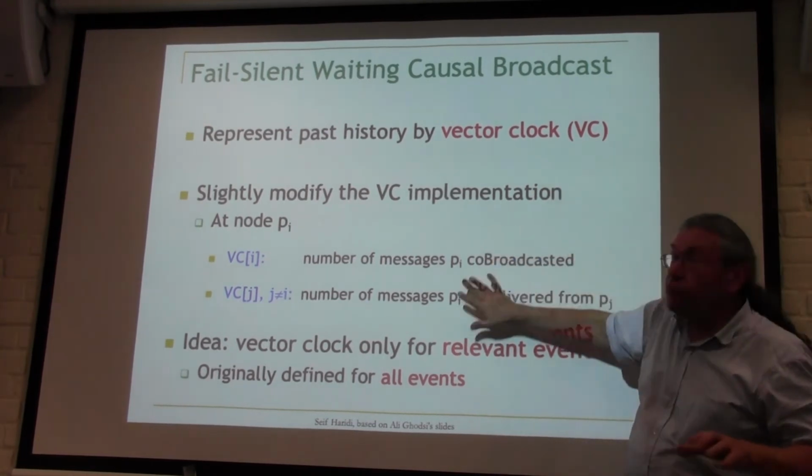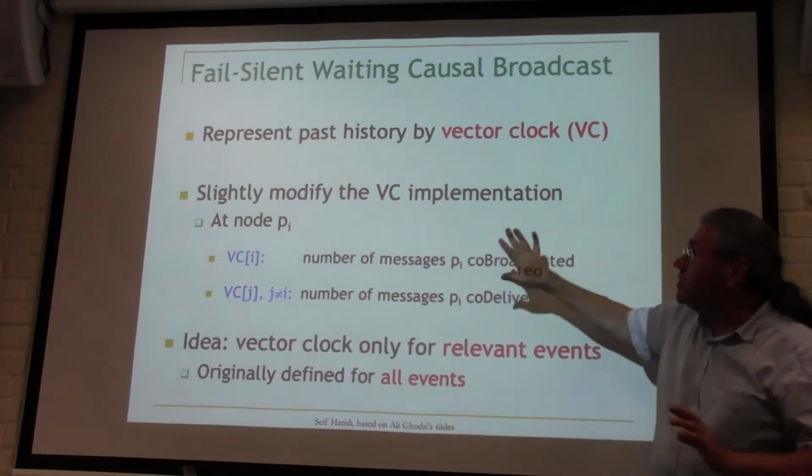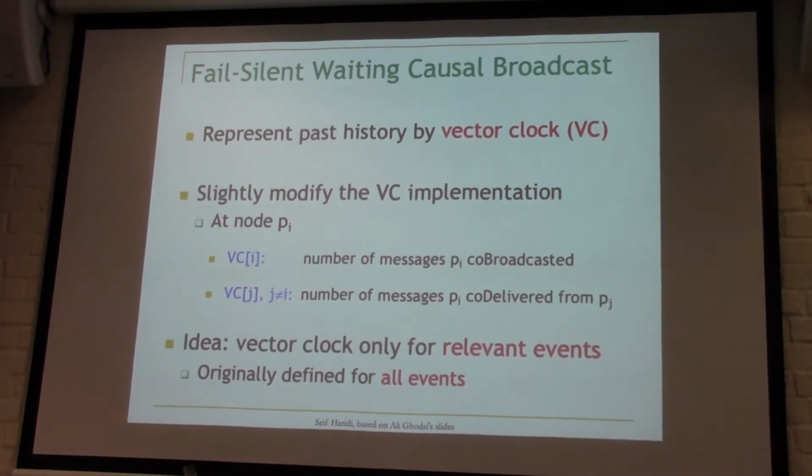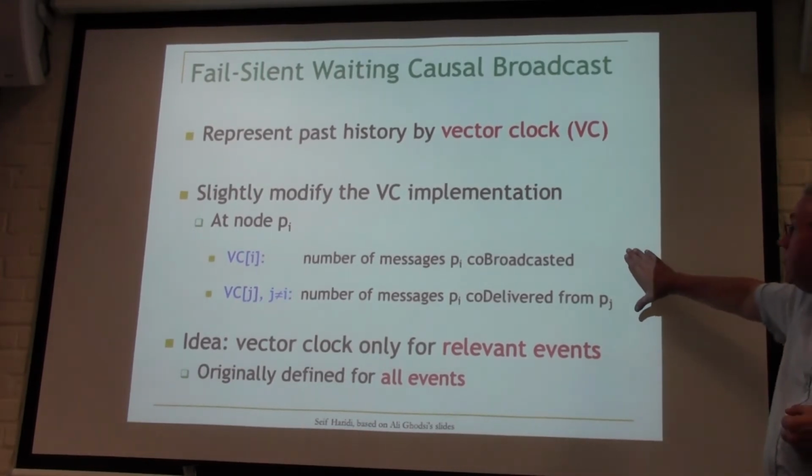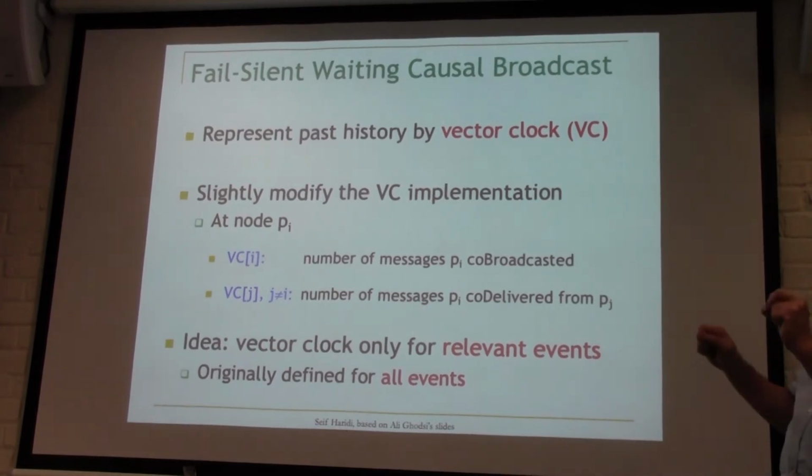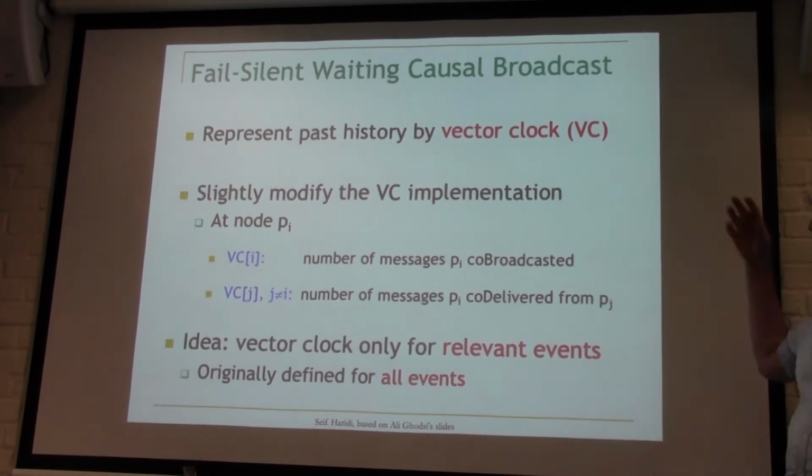Note, this definition is a little bit different from what we saw before. In the previous definition of vector clock, we counted all events. Here we're only counting broadcast events. We don't care about other kinds of events.